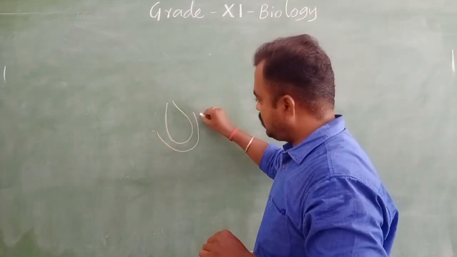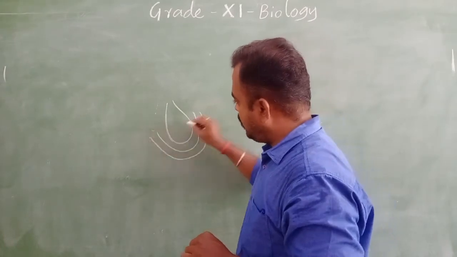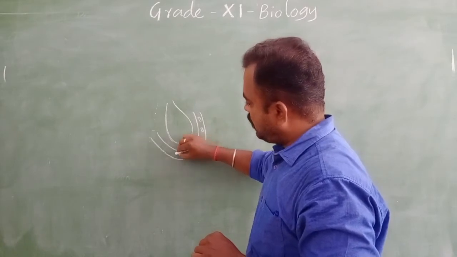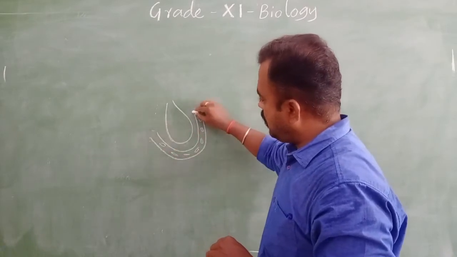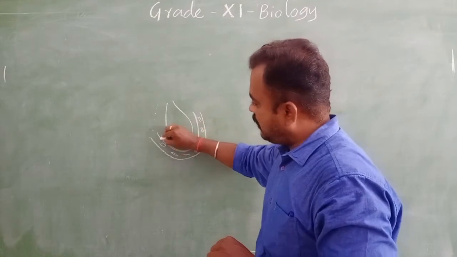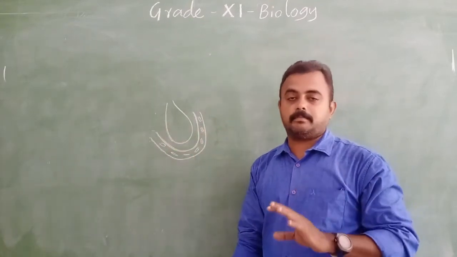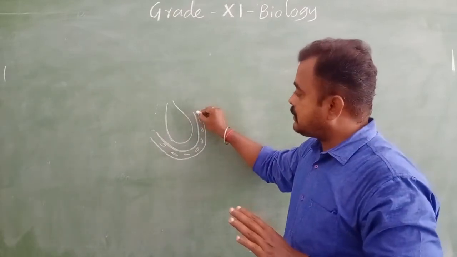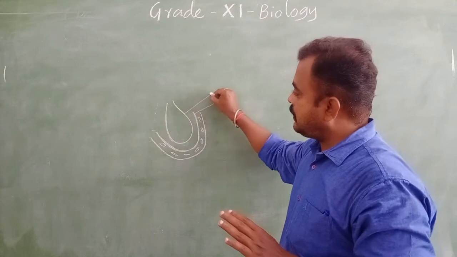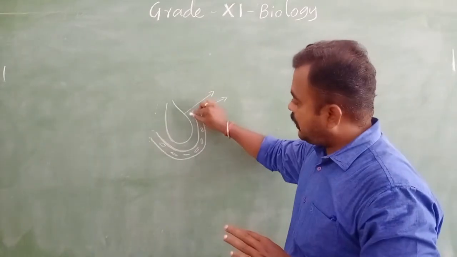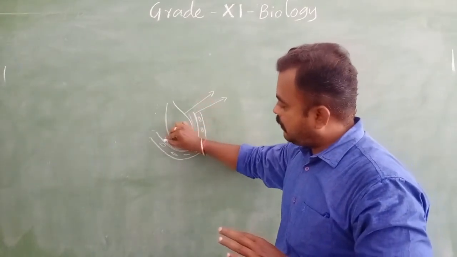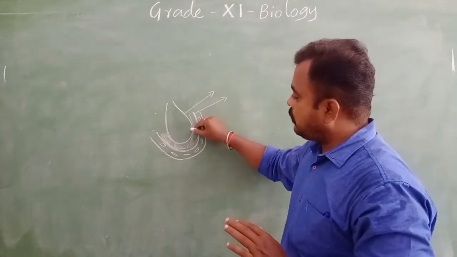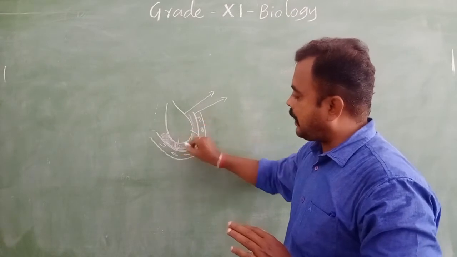This is a blood capillary; inside we have RBC. This layer is the endothelium of the alveolar capillary. This layer is squamous epithelium. In between that we have basement substance. So here the diffusion happens.